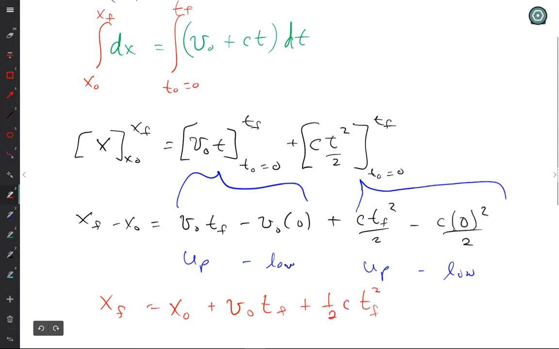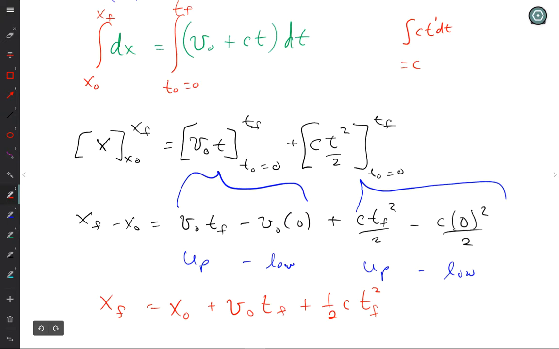Okay, Nathan, what was your question? How did you get the ct squared over 2? So that was integrating. Now I'm showing this without limits here just to make it simpler to write. So integral of ct dt, the c is a constant. So I just write that down first. And then t means t to the 1.